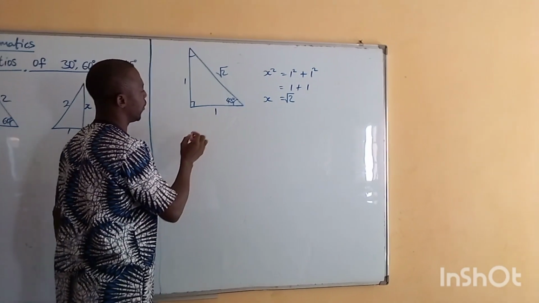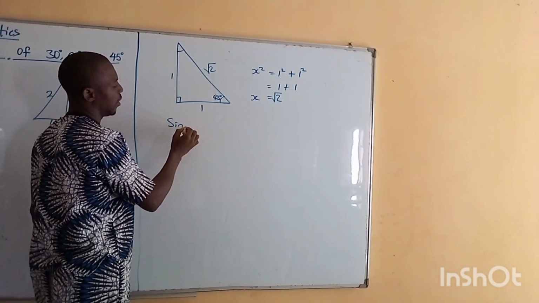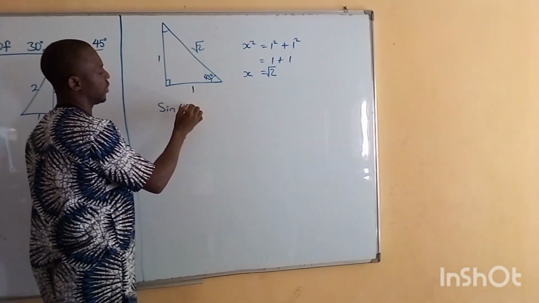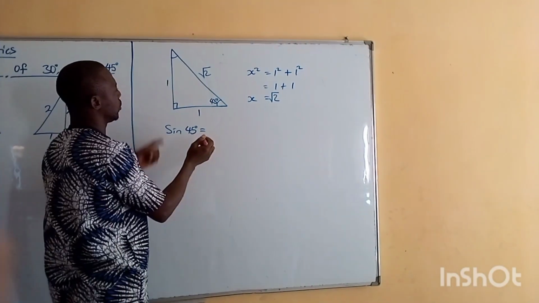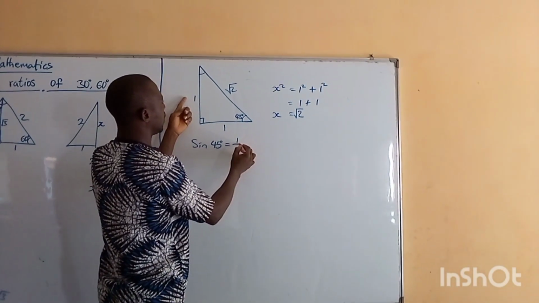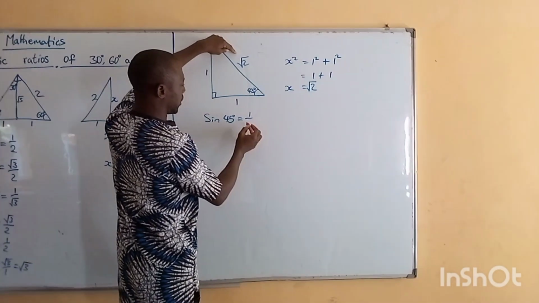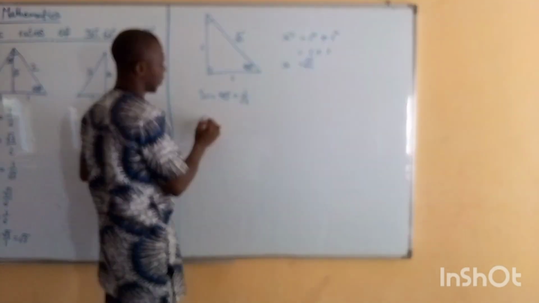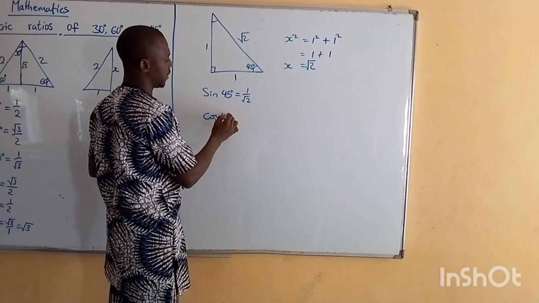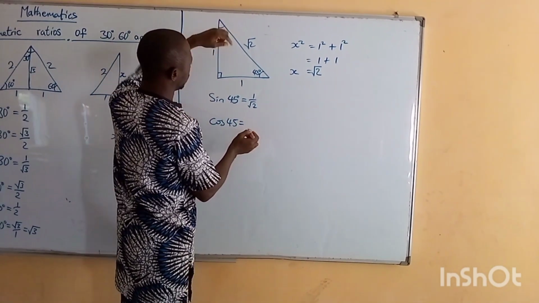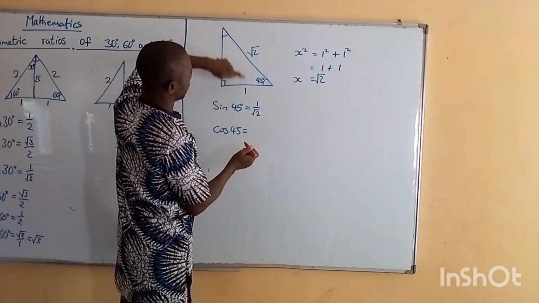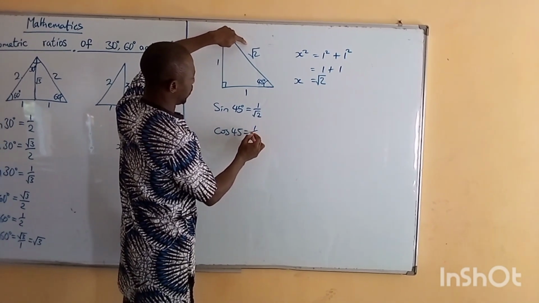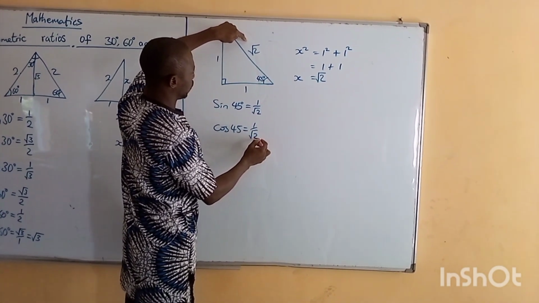Therefore, sine 45 degrees is equal to opposite, which is 1, over hypotenuse, root 2. Cos 45 degrees is equal to adjacent over hypotenuse, 1 over root 2.